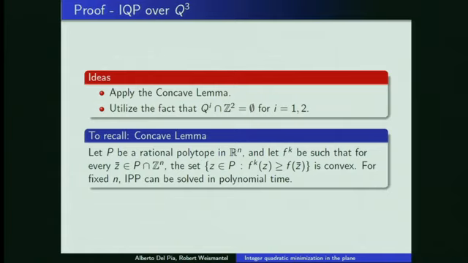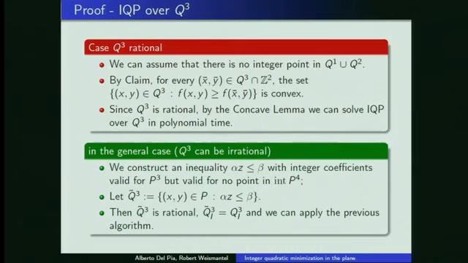So in the other case, when you inspect this problem over Q3, I told you there are two things. So one thing is, and this is really very important, is that we now utilize the fact that Qi intersected with set 2 is empty. So we know that in these two regions, there's no integer point. Now, and then we will apply the concave lemma.